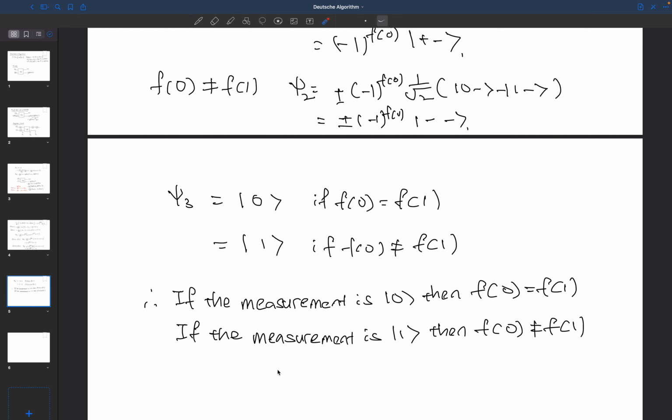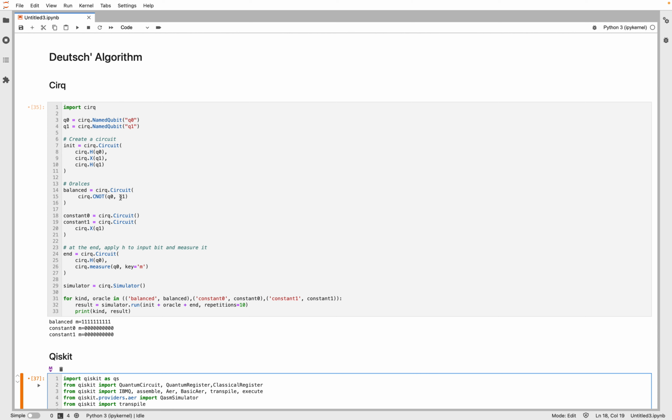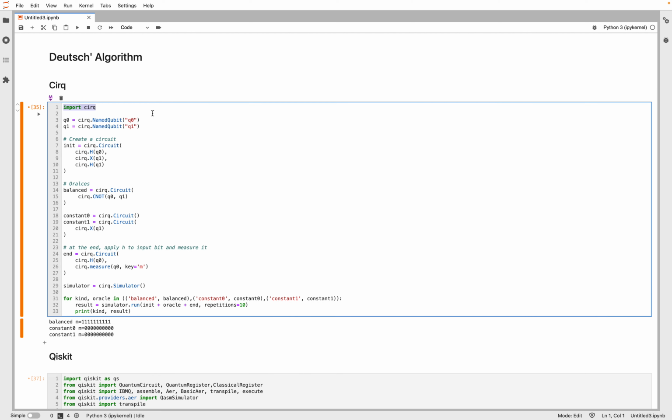We shall now go and look at the code in Cirq and Qiskit. So let's look at the Cirq first. We import Cirq. We define two qubits, Q0 and Q1. We apply the Hadamard on the first qubit, followed by X and H on the second qubit.